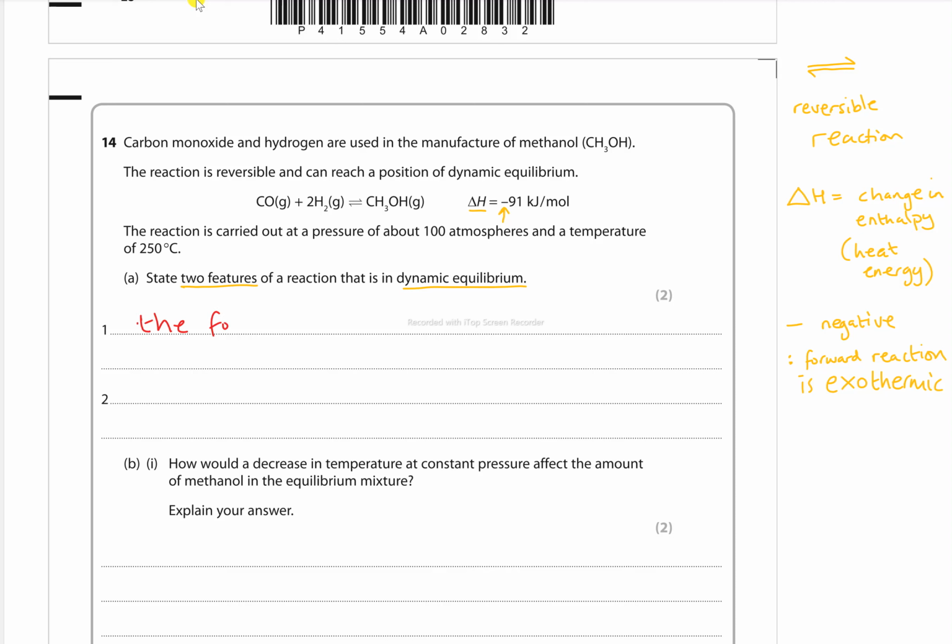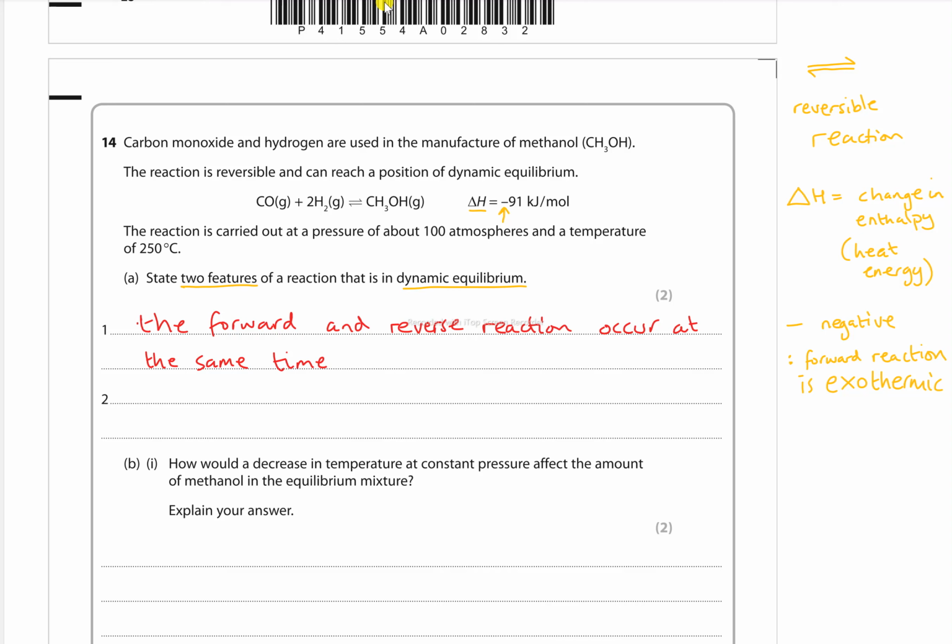The forward and reverse or backward reaction occur at the same time, or simultaneously. Just learn it this way.